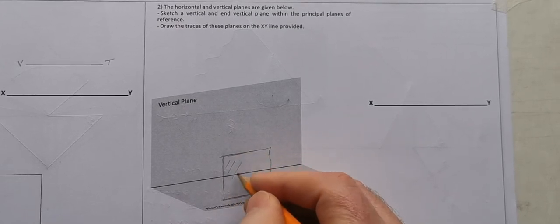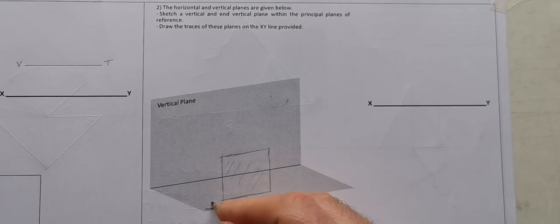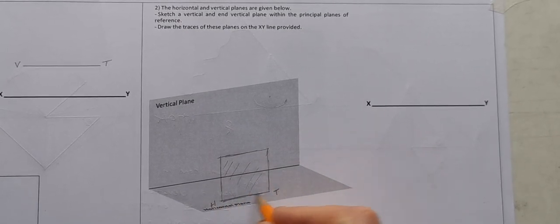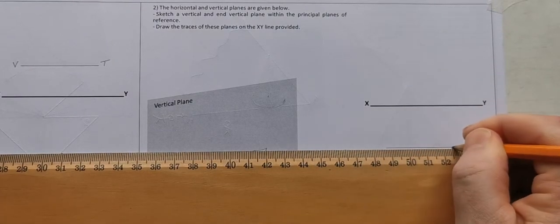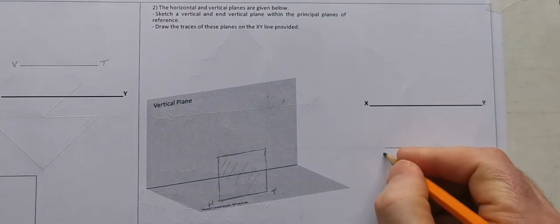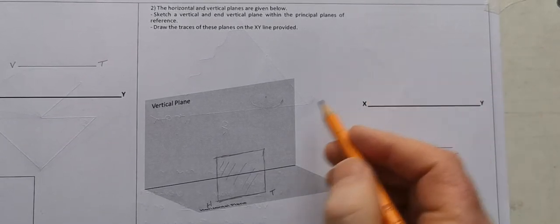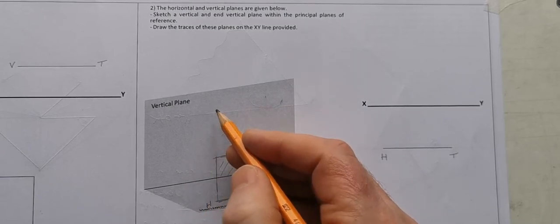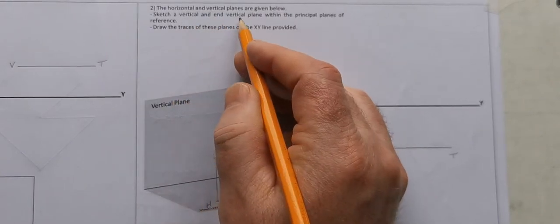So this here is my vertical plane, and this would be my horizontal trace where that cuts through the horizontal plane. Over here, that's just going to be a line like that. So that's my horizontal trace, and you can see there is no vertical trace because it doesn't cut through the vertical plane.